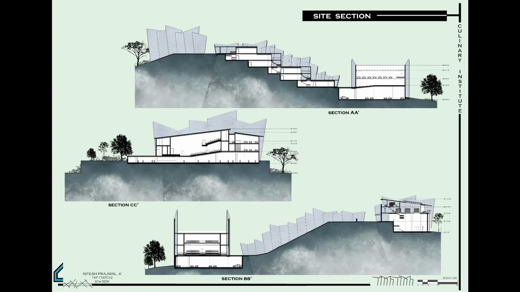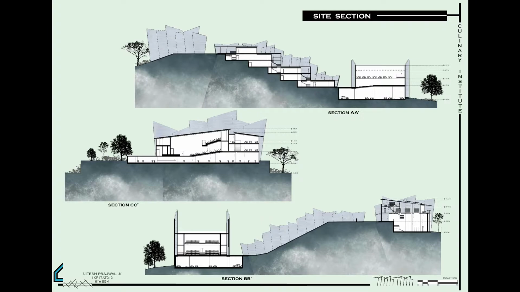While coming to the side sections, section A, you can see the academic block placed inside the slopes like stepping and with these tilted walls. Section BB, the section of the auditorium and parking, and the facade of the academic block, and a whole section of library, admin, and a mezzanine floor of the library.